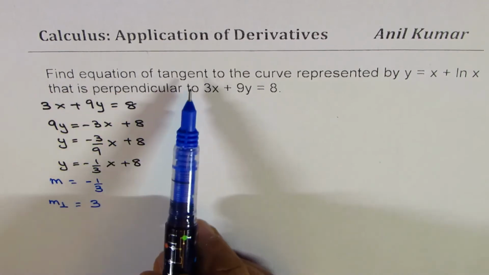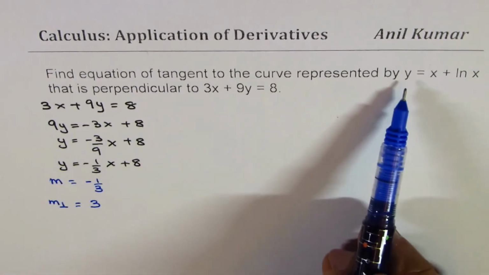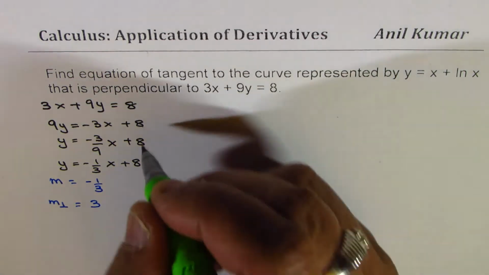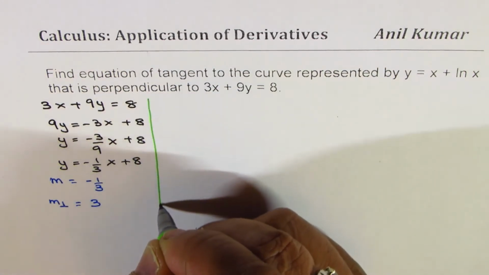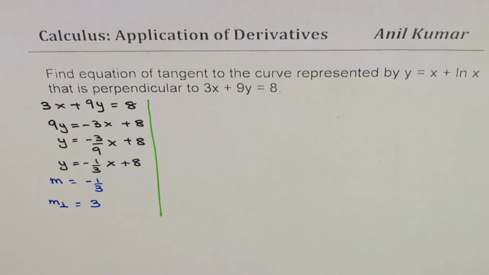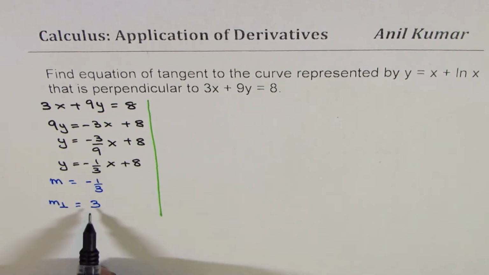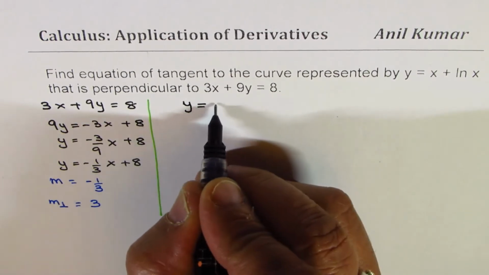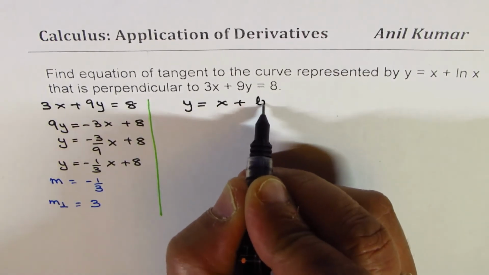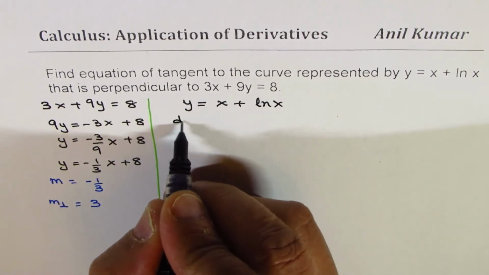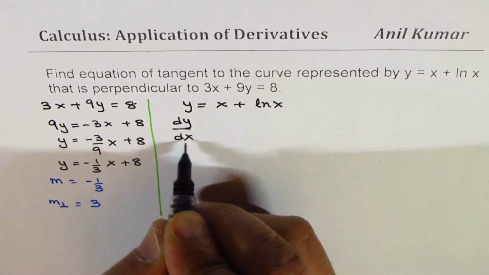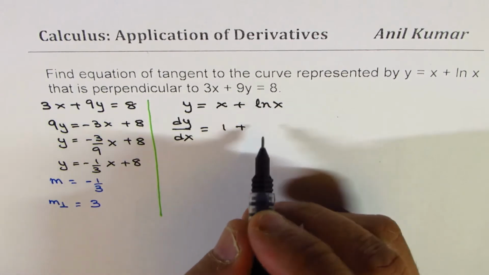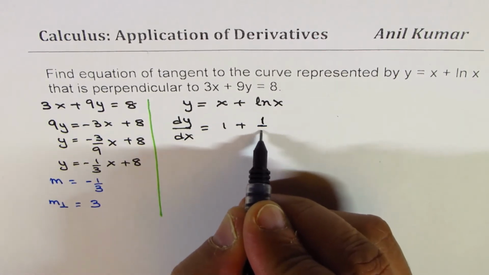Now we need to find the equation of the tangent to this curve, right? So let's find the derivative, and then we'll equate that derivative to the given slope. So the function is y = x + ln x. So dy/dx will be equal to 1 + 1/x, since the derivative of ln x is 1/x.